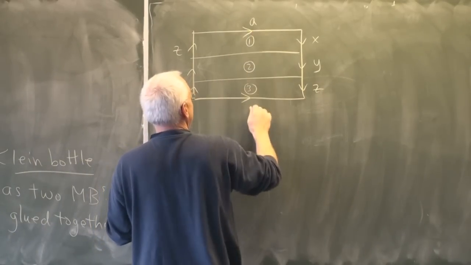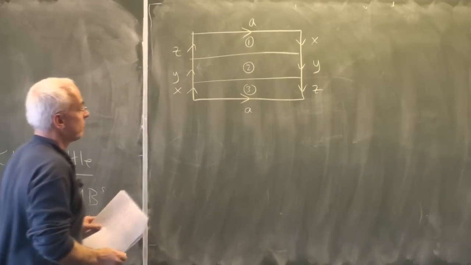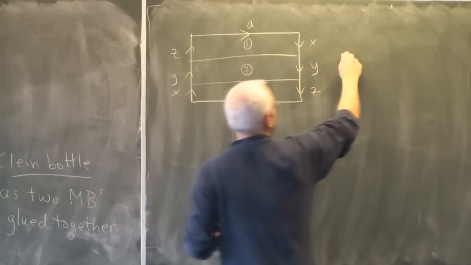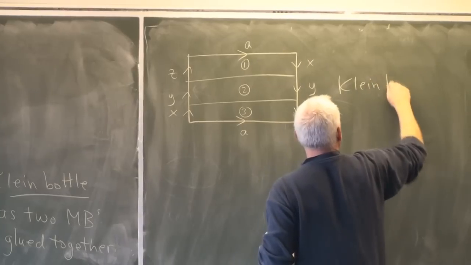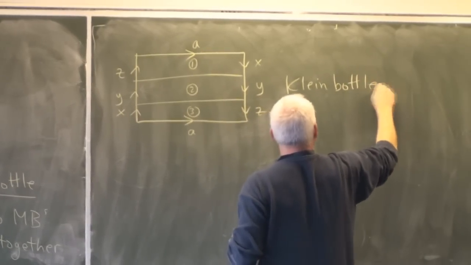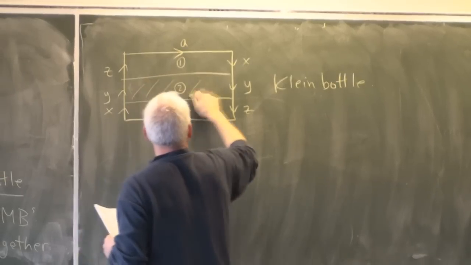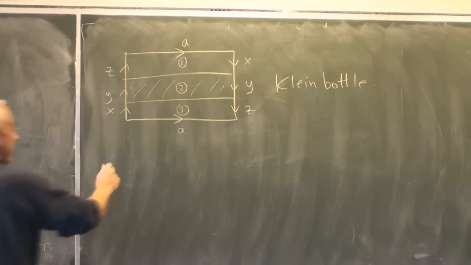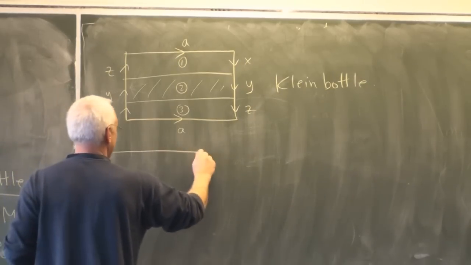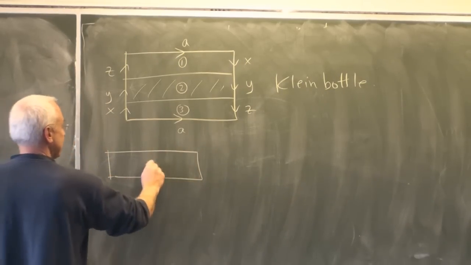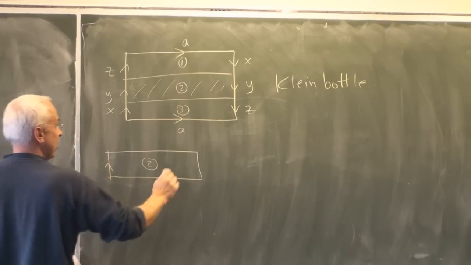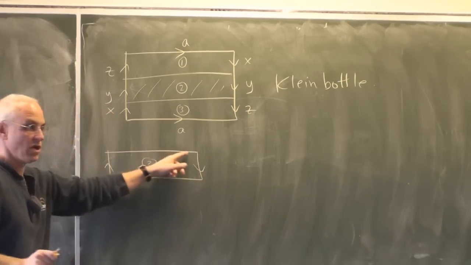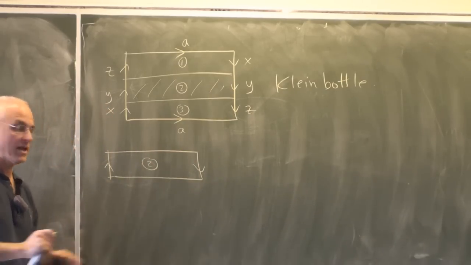And maybe that's still A and that's still A. And that's still our Klein bottle. And now I'm going to remove this piece here. What is that? That piece number 2 has an identification there and there, but these edges are just free. So that's a Mobius band.